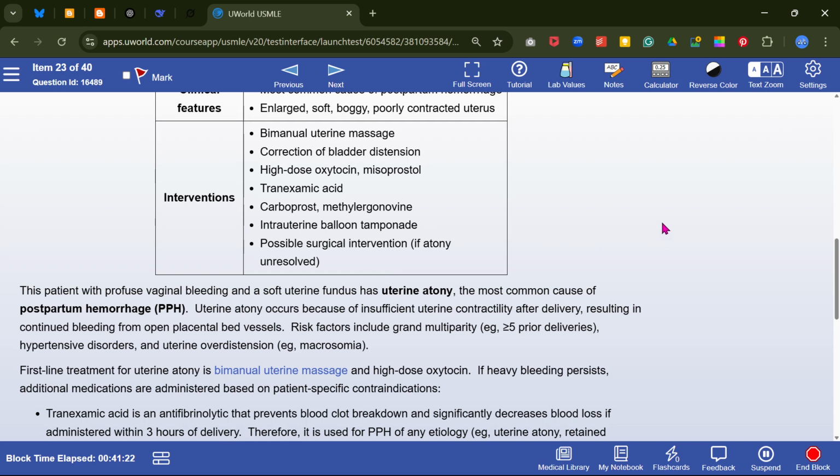The most common cause of PPH, uterine atony, occurs because of insufficient uterine contractility after delivery, resulting in continued bleeding from open placental blood vessels. Risk factors include grand multiparity, 5 or more than 5 deliveries, hypertensive disorder, and uterine overdistension like macrosomia.